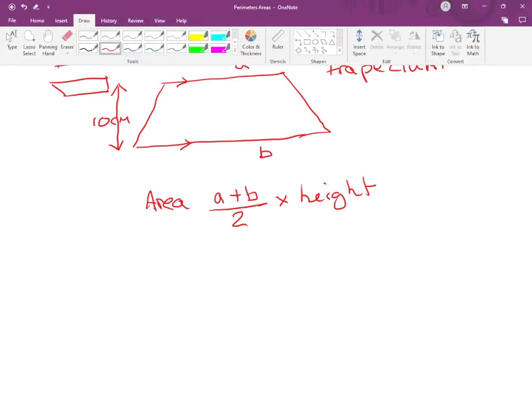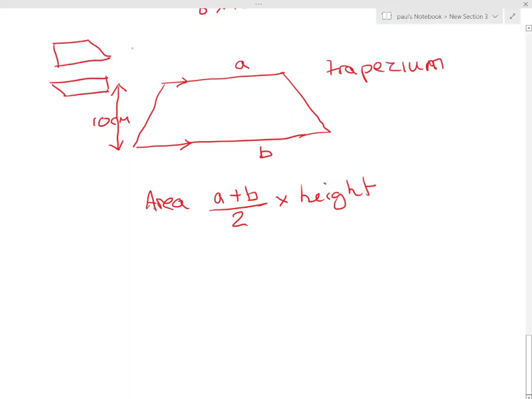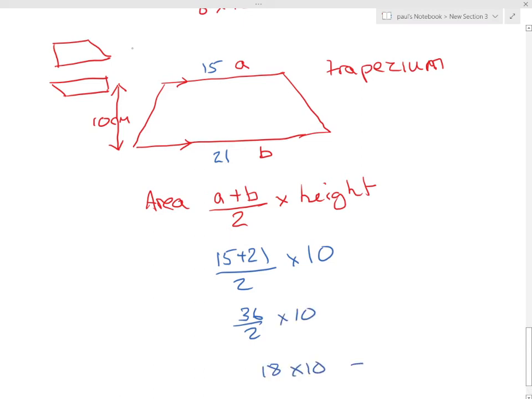So if we have some numbers on here, we said that's 10, so we call that 15 and I don't know, 21 centimeters. So we've got 15 plus 21 divided by 2 times 10. 15 and 21 is 36 divided by 2 times 10, which is 18 times 10, which equals 180 centimeters squared.